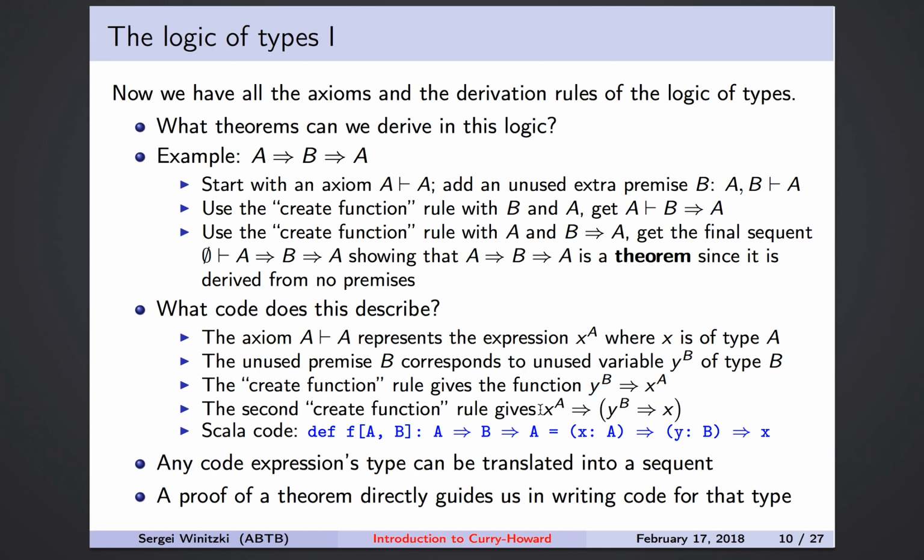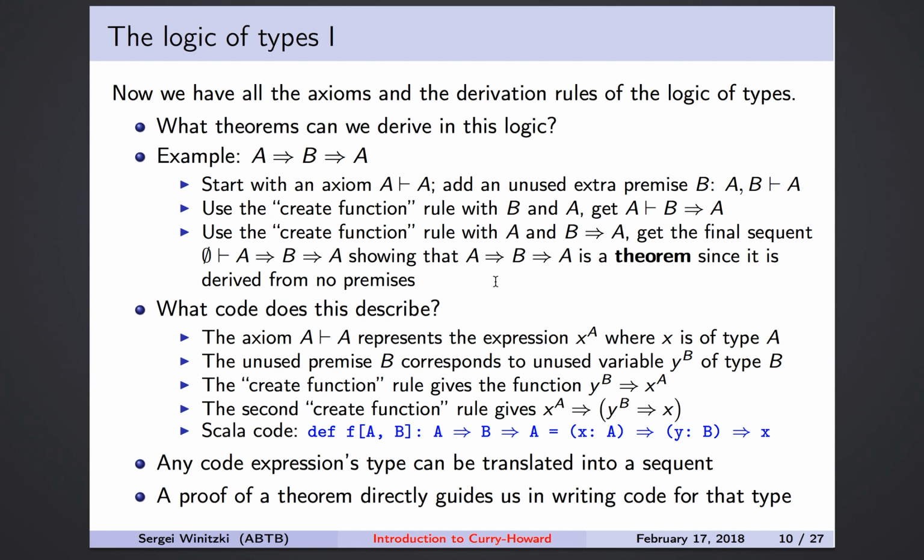And we have a table, or we could compile a table, that gives us a correspondence between each axiom or derivation rule in terms of sequence and the code expressions and the ways of combining them that these axioms and derivation rules came from. So by construction, the axioms and derivation rules in this logic are precisely those for which we have some code expressions.